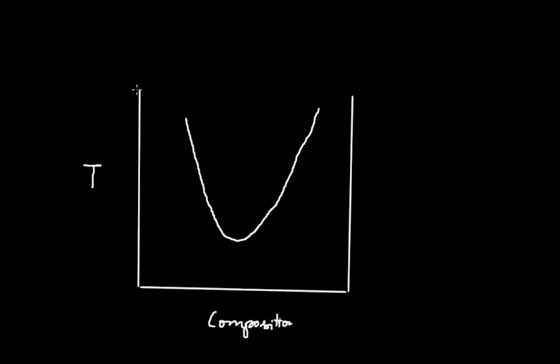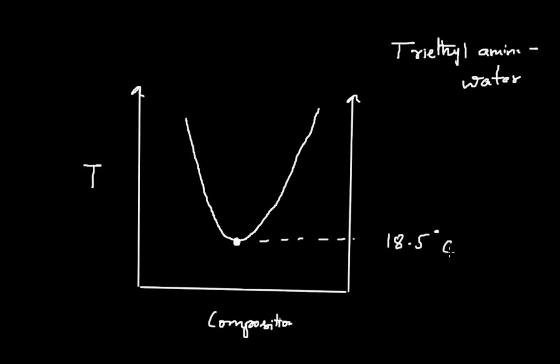In that case you get a curve something like this, and analogous to an upper consolute temperature, you also have a lower consolute temperature. An example showing a curve like this is the triethylamine-water system, whose lower consolute temperature is 18.5 degrees. This is your lower consolute temperature.